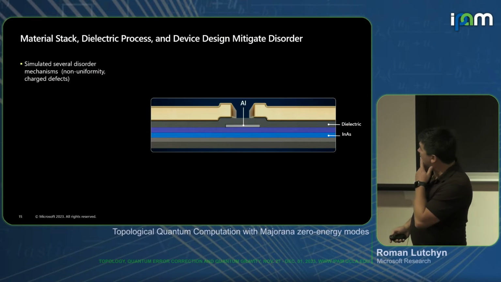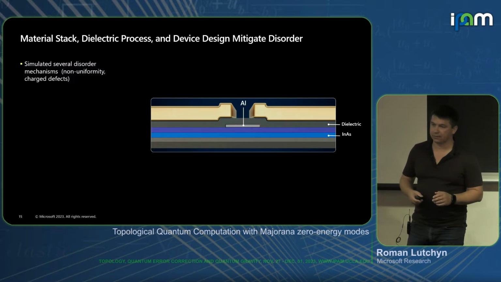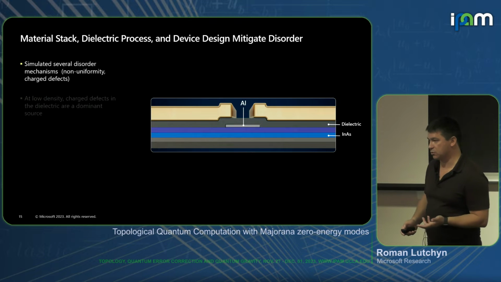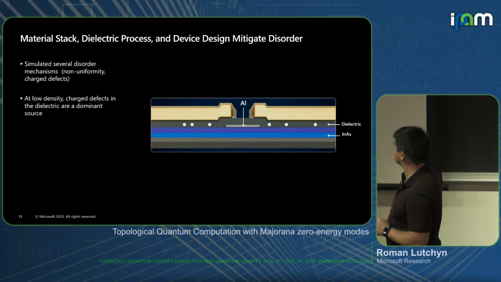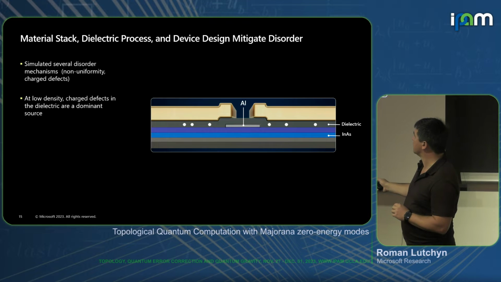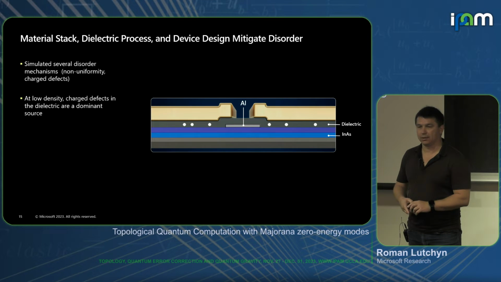So why is this design in particular so robust with respect to disorder? We've identified through a sequence of measurements that the main source of disorder in our wires is coming from the charge impurities that are sitting at the interface between our barrier and dielectric. This is actually a common problem in the industry.